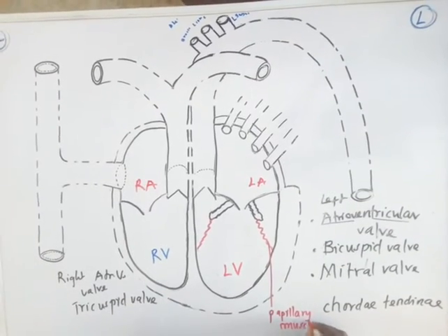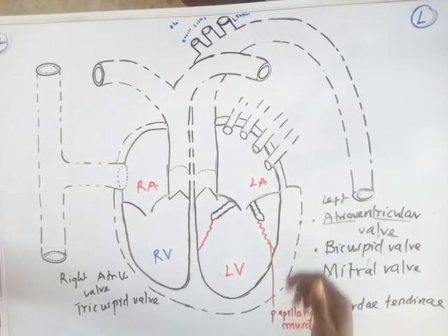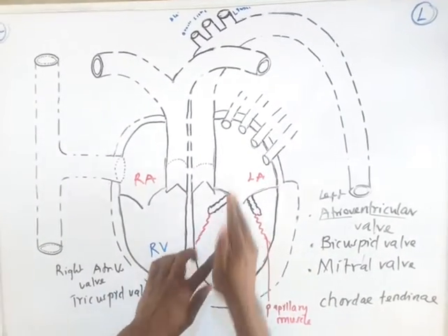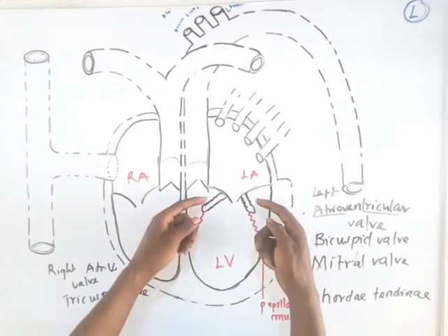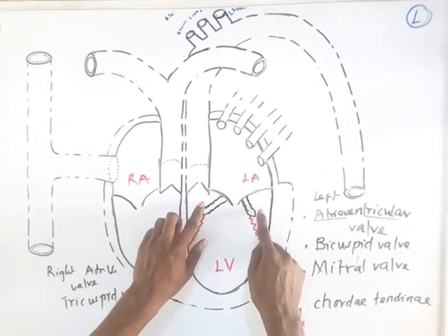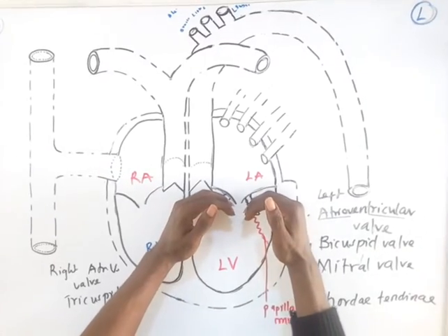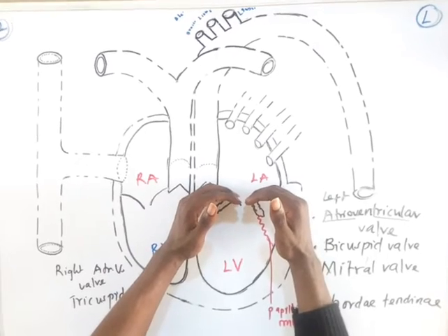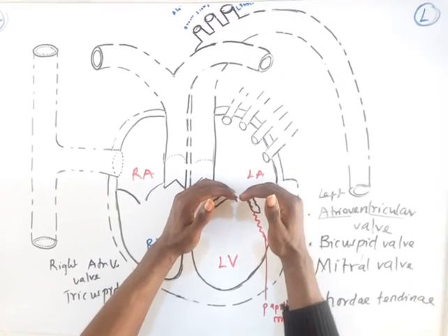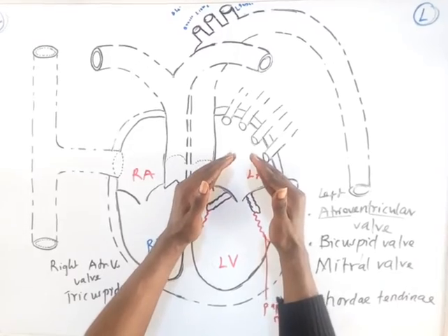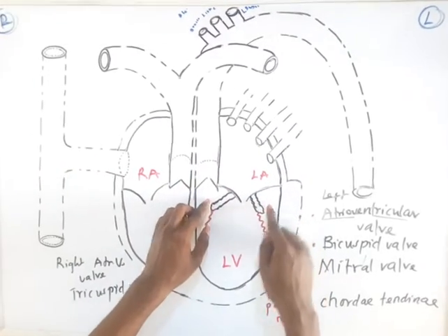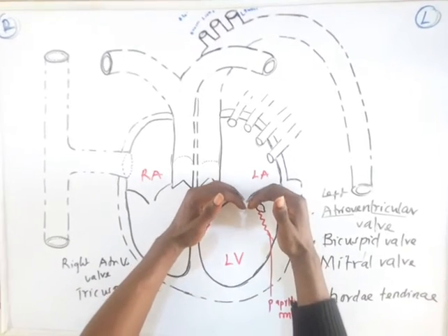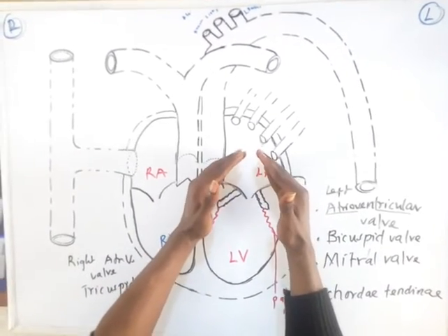Because the blood flows through this valve, the valve could flap back. With the help of the cords, the valve is held so it flaps back, but not to the maximum.